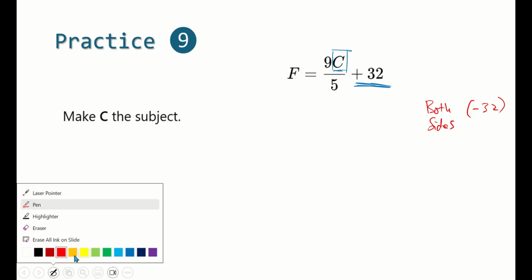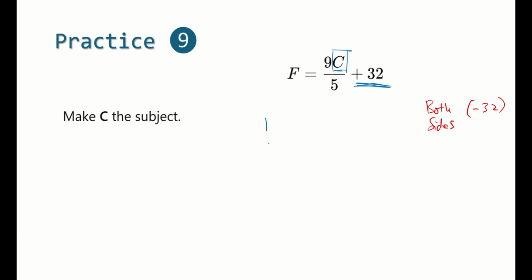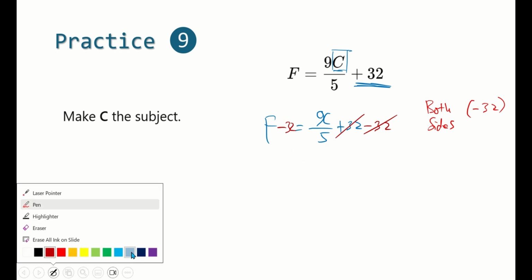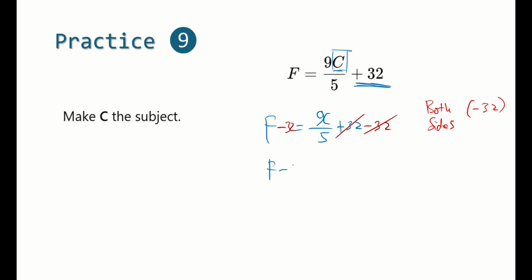Okay, so let's try to do that. F equals to 9C over 5 plus 32. I just copy paste it, and then both of them minus 32, minus 32. So this one will disappear, right? That's the reason. So we have F minus 32 equals to 9C over 5, almost, right?